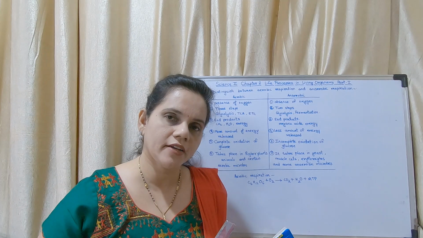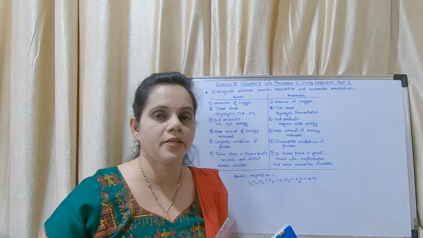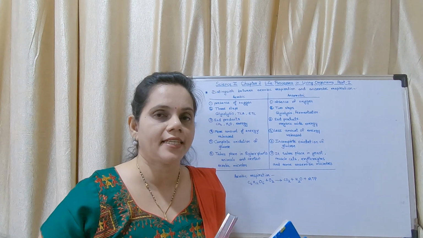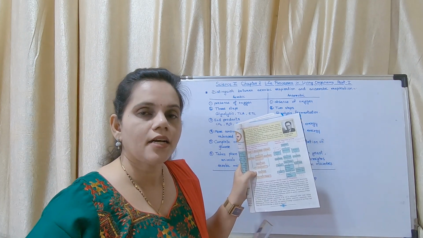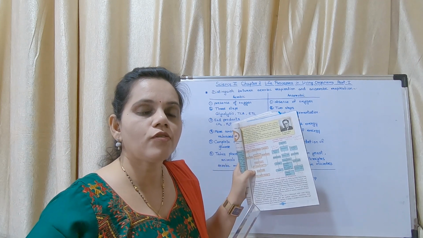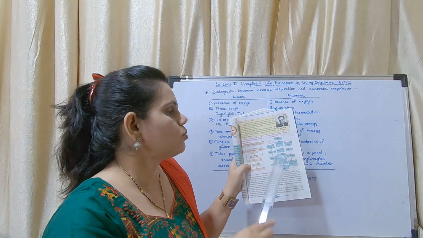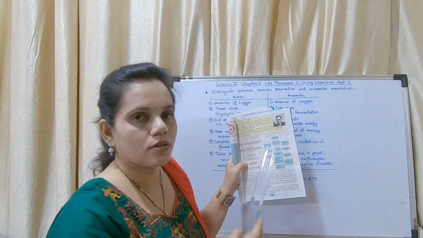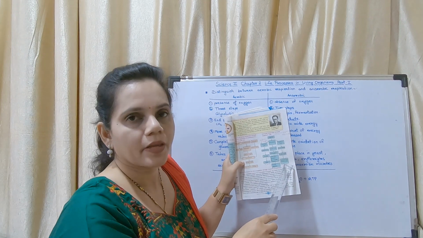When there is not enough oxygen, the cells undergo anaerobic respiration and produce lactic acid. So the glucose inside the cell enters into this pathway.